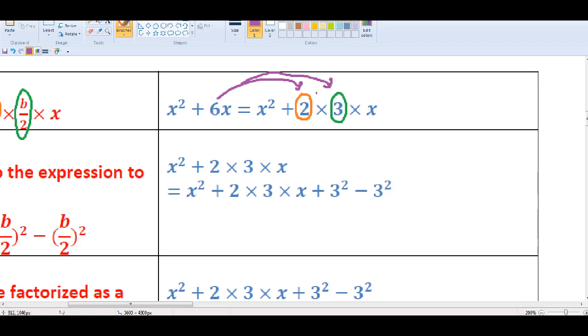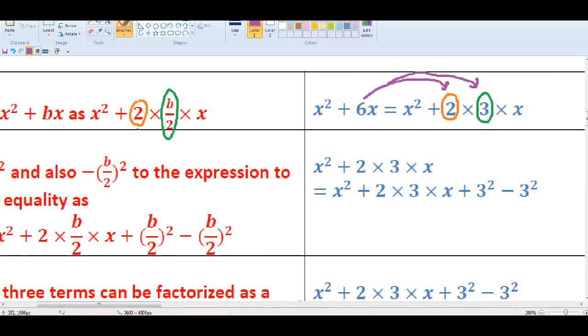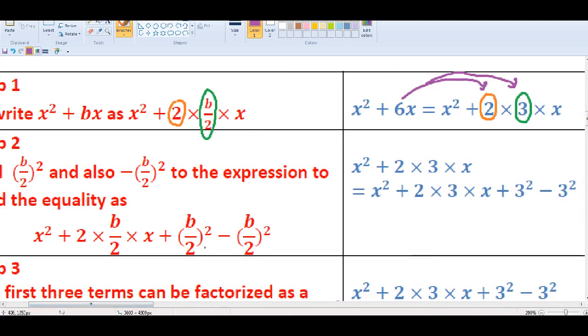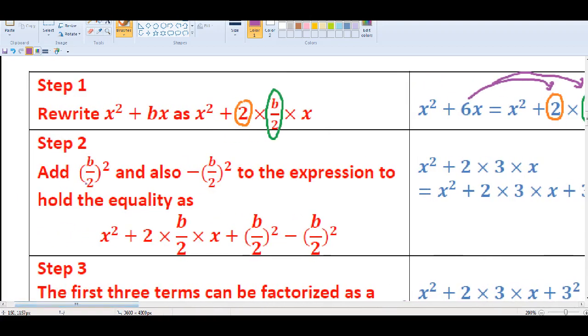Every number can be rewritten as 2 times something. In general, if it's b, you can always rewrite it as 2 times b over 2. Just like 6, you can rewrite it as 2 times 6 over 2, which is 3.